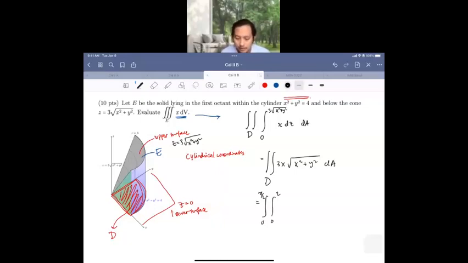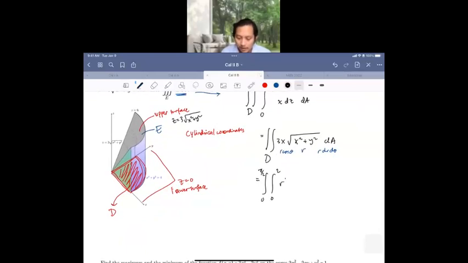Then we take the conditions from here: this is r cos theta, and this is another r dr d theta, so we have r cubed cos theta dr d theta.